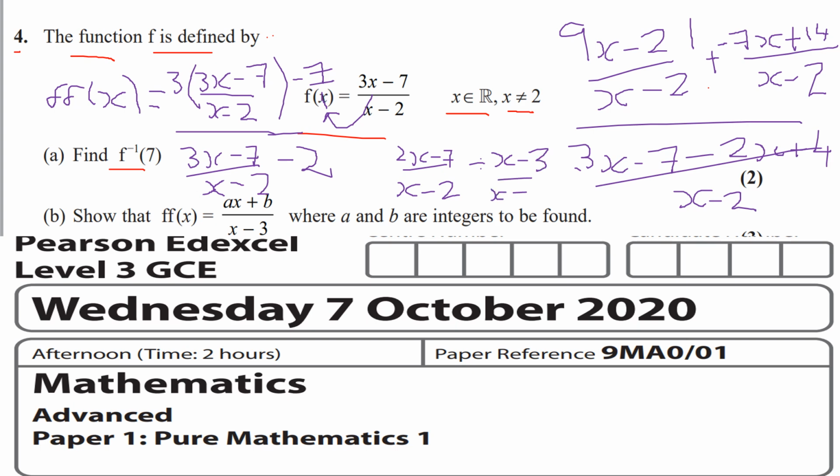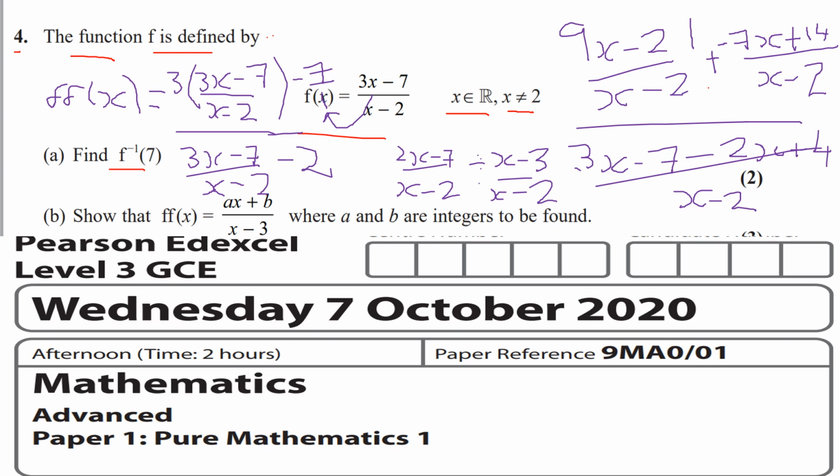When we divide by a fraction, I use the KFC method, or the KCF method: keep the first fraction, flip the second, and then change it to a times. So it becomes this times this over this times this.